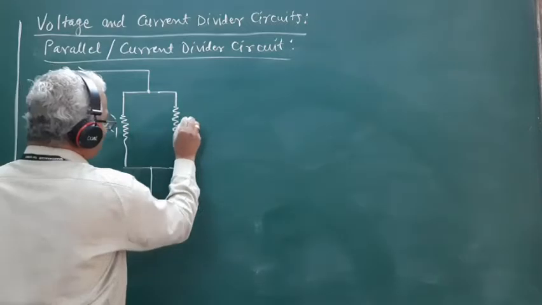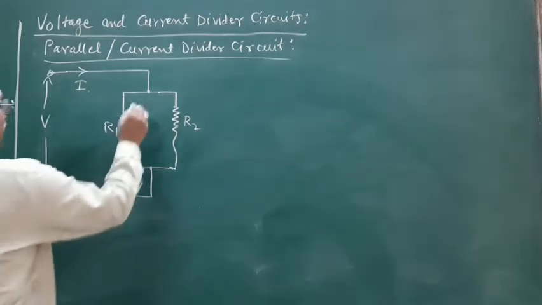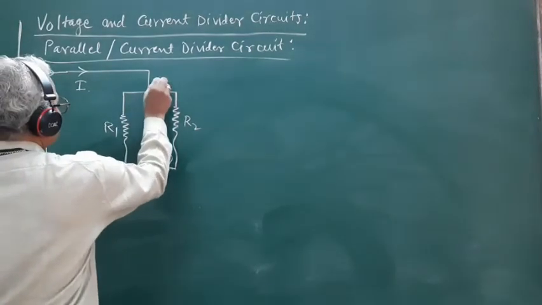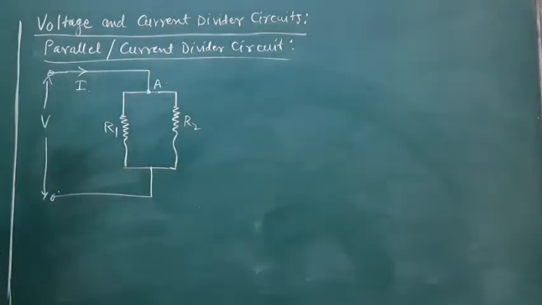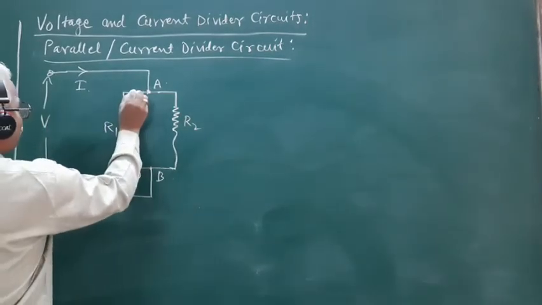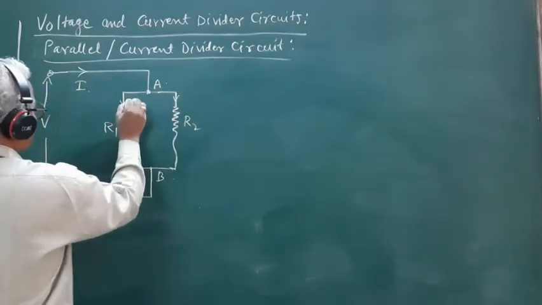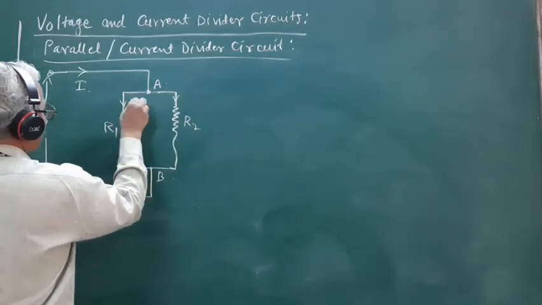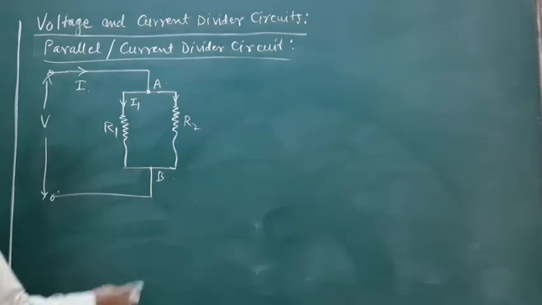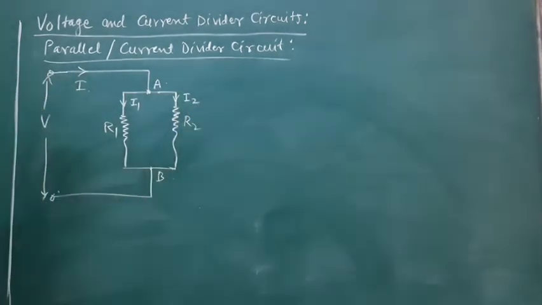This is the resistance R1, this is the resistance R2. When this total current I appears at this point A or at the junction, what will happen? That current will get distributed over the two branches. Let the part I1 flow through R1 and the part I2 flow through the resistance R2.